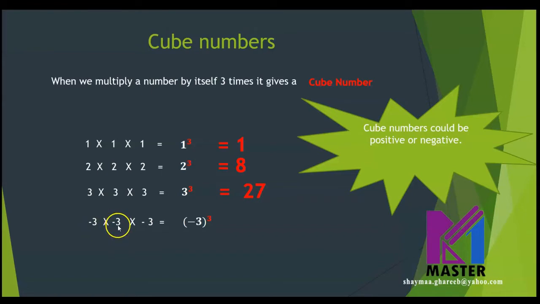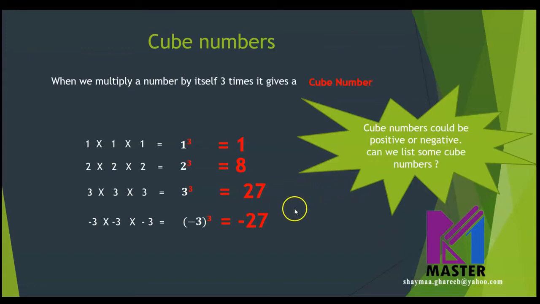Positive times negative gives negative. So the answer here will be negative. So when I multiply negative 3 by itself 3 times, it will give me negative 27. So negative 27 is also a cube number. But in year 6, we are going to study only positive cube numbers.